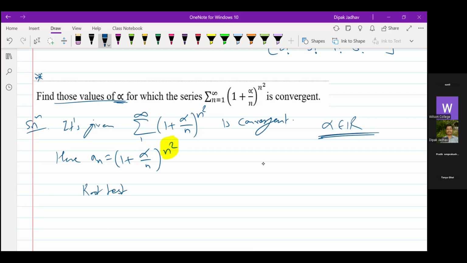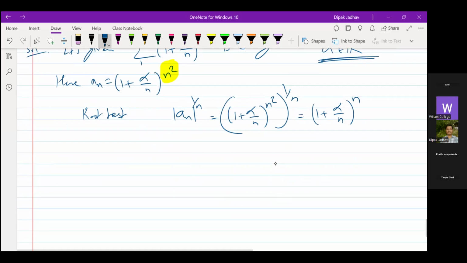In the root test, we need to compute mod a_n raised to 1 by n, that is (1 plus alpha by n) raised to n square, whole raised to 1 by n. The 1 by n power will cancel, and then we compute the limit as n tends to infinity of (1 plus alpha by n) whole raised to n. So how will you manipulate this term?